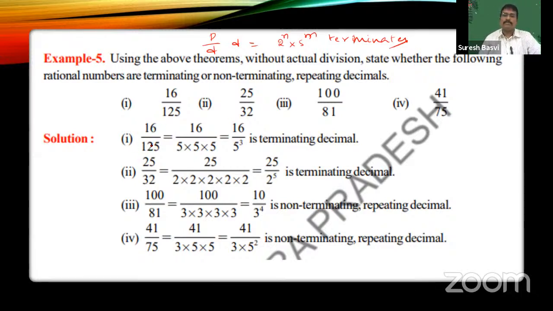So 16 by 125 is nothing but 16 by 5 into 5 into 5, so 16 by 5 cube. So it is in the form of 5 power m, 5 cubed into 2 power 0. See, this 0 is a non-negative integer.